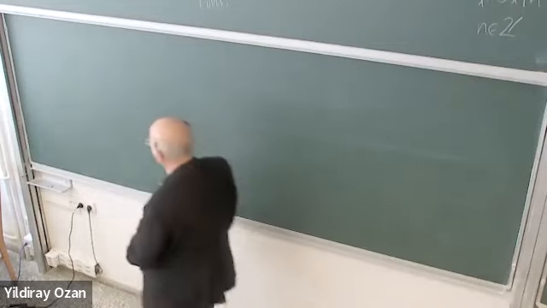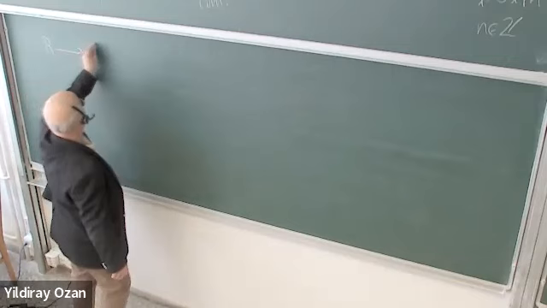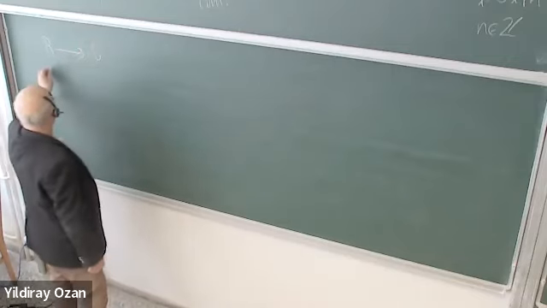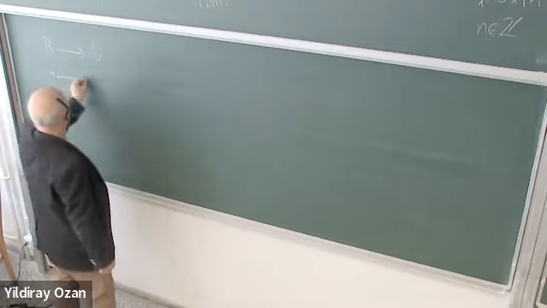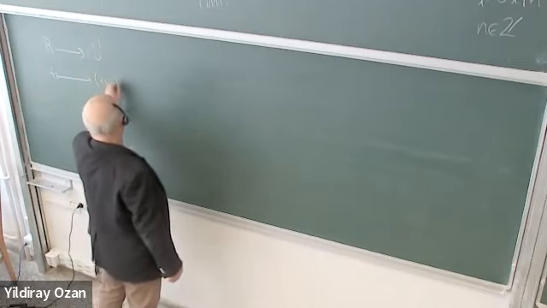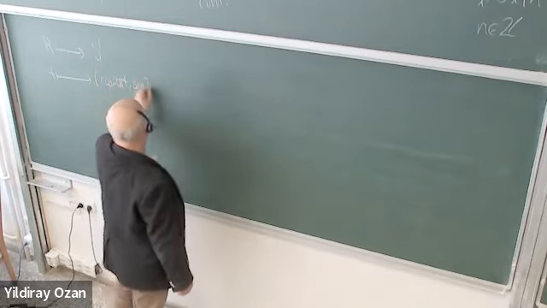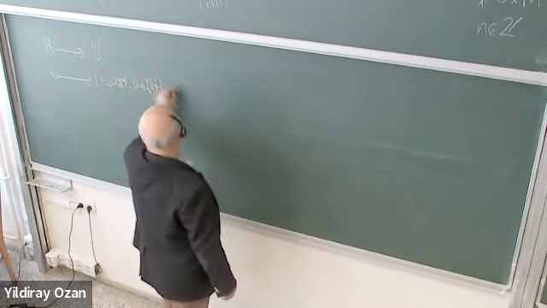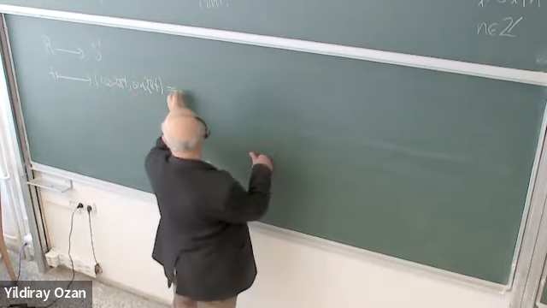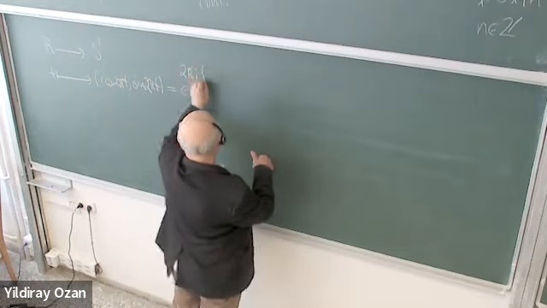Actually, you have this map from R, you take this and send it to cosine 2 pi t, sine 2 pi t, or you may regard this as a complex number, and this is just e to the 2 pi i t, okay?